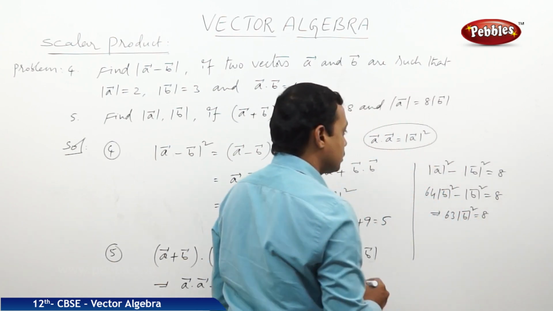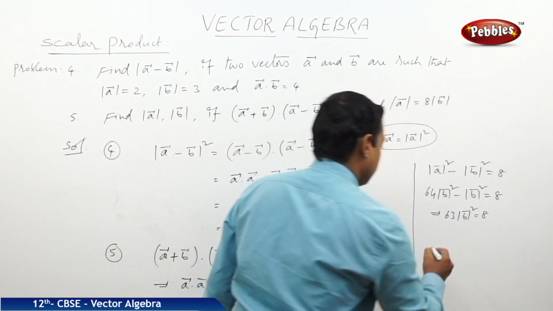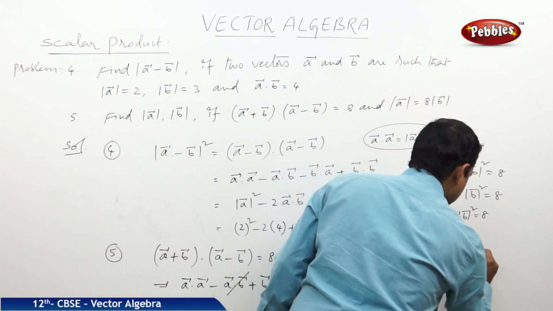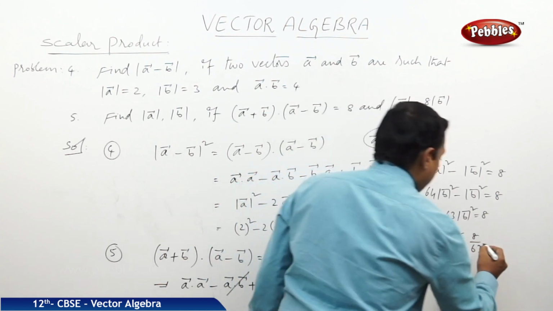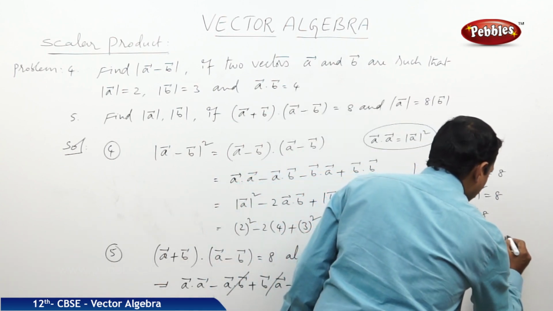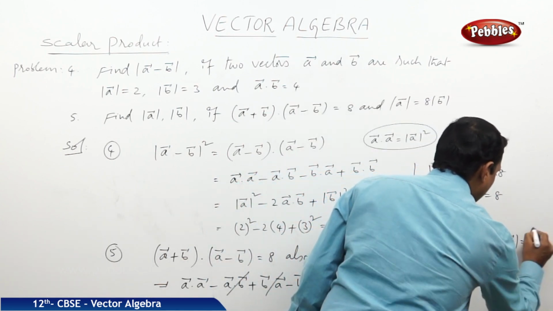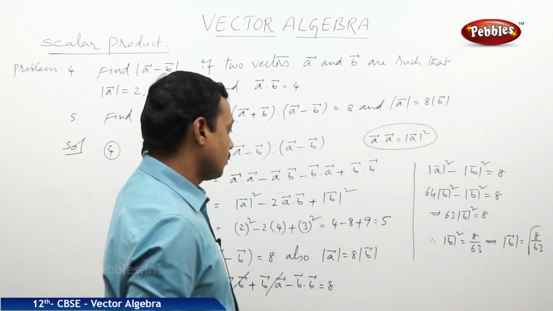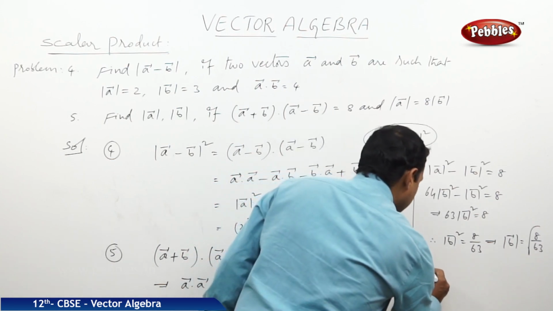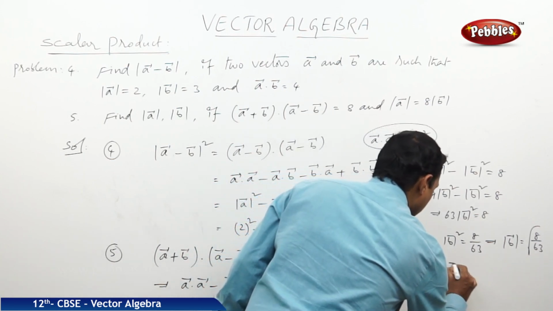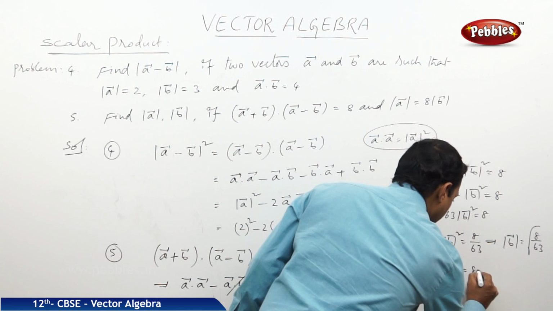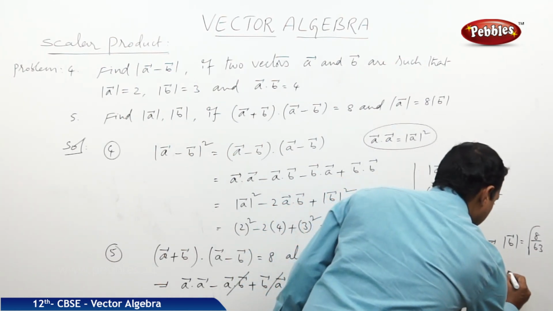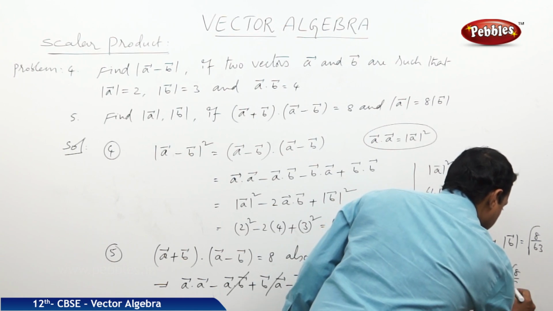Therefore mod b square is equal to 8 by 63. That implies the magnitude of b vector is equal to root of 8 by 63. Now the magnitude of a vector is 8 times the magnitude of b vector, that is 8 into root 8 by root 63.